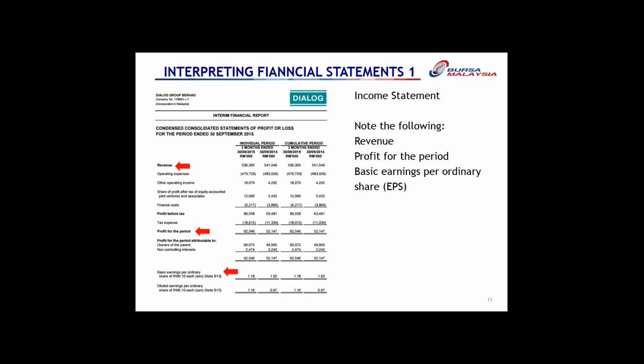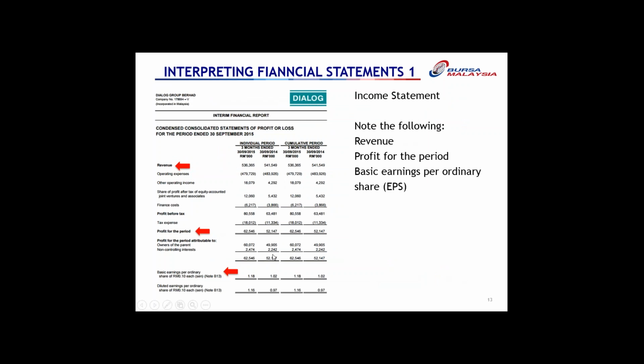Here we have the income statement. It is always very important for you to note the following: revenue, profit for the period, and basic earnings per ordinary share, the EPS.